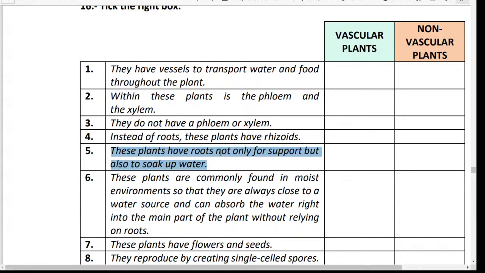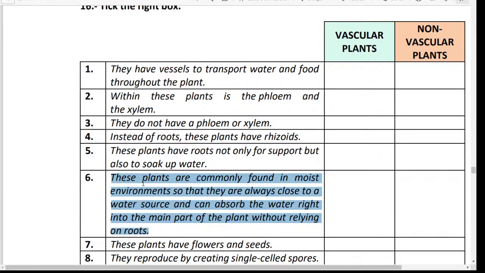To soak is the same as to drink water. So vascular plants, very good, easy. Attention with this sentence.